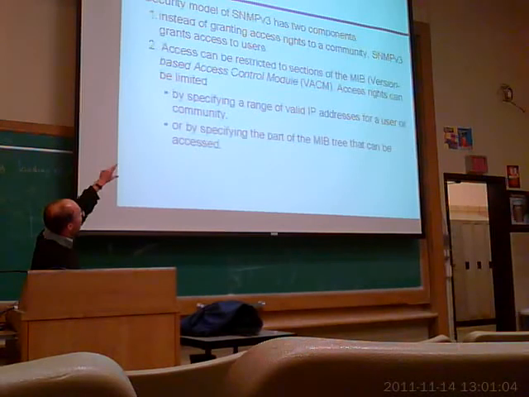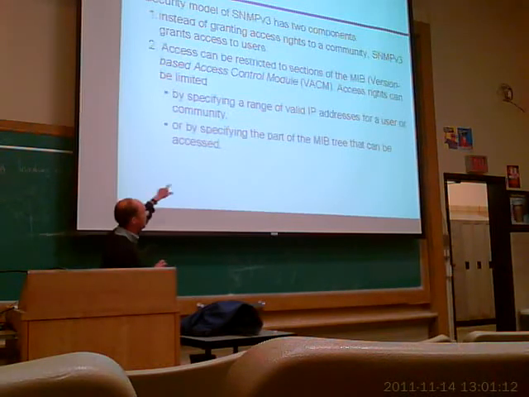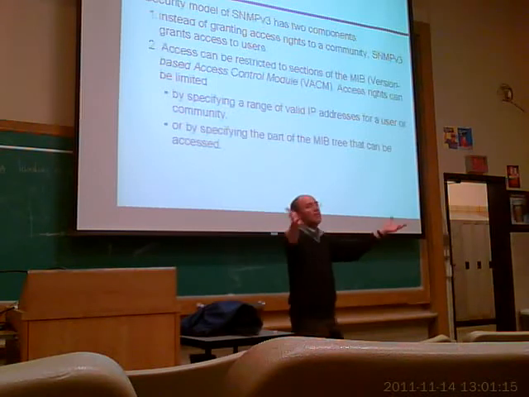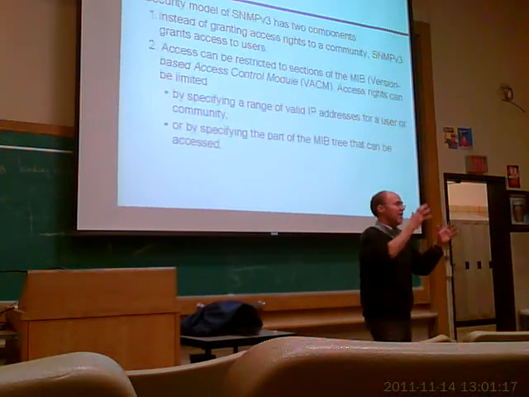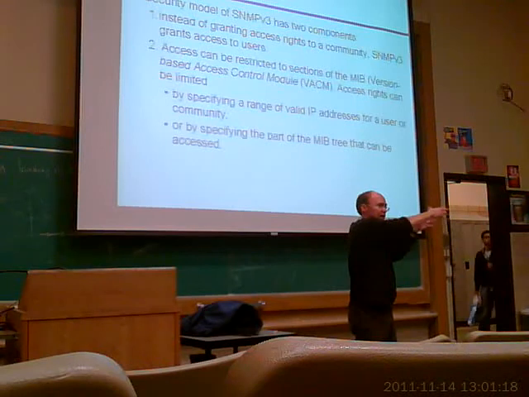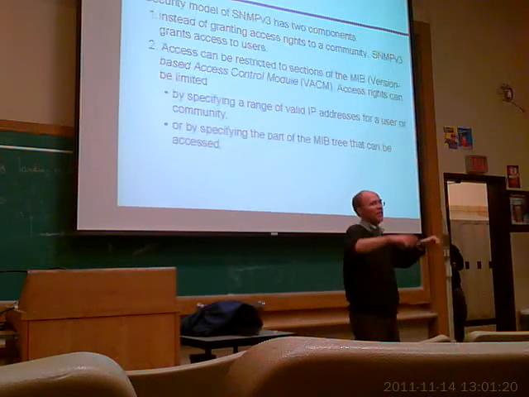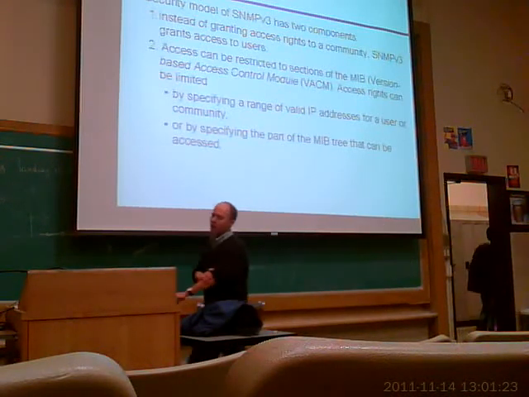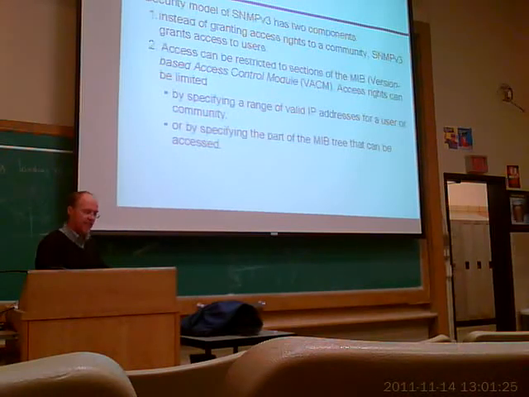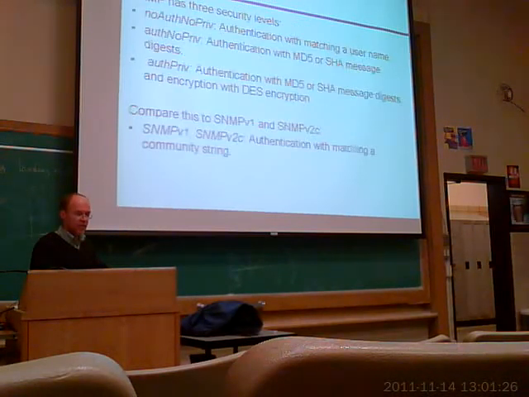And then one can set the access rights here. The idea is that we can say for a given IP address, if we get a request from it, it can query only a certain part of the SNMP tree. And that's pretty much it, I guess.